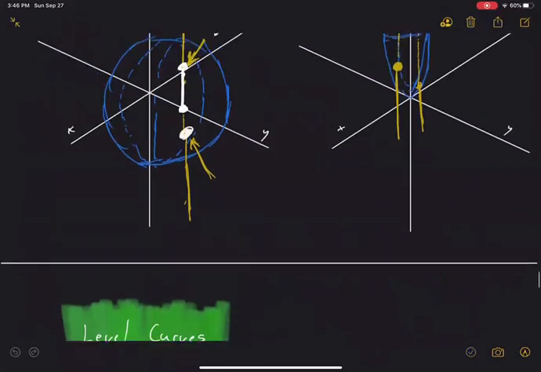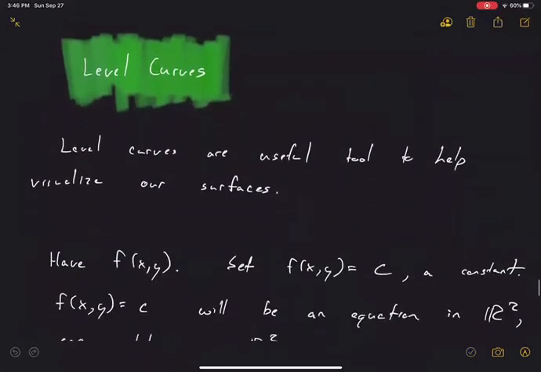Okay. One last topic to talk about quickly: level curves. This is another good way of visualizing functions from R2 to R. And you might have seen something similar before and not even realized it.